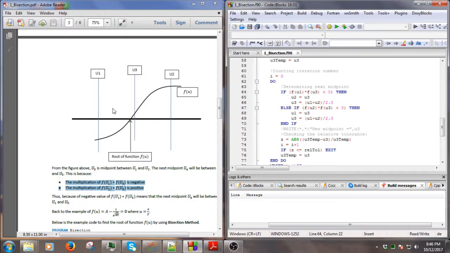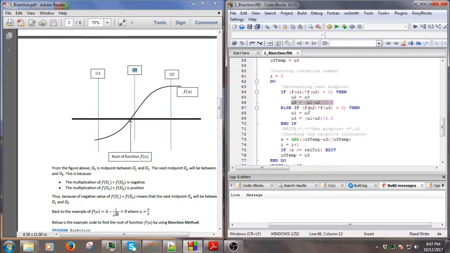So this is half of u1 and u3. So that's why we introduce here the upper bound. The new upper bound will be u3, right? Because the region will be the left side region here, and the midpoint of this region is simply the lower bound plus the upper bound divided by 2, right here.